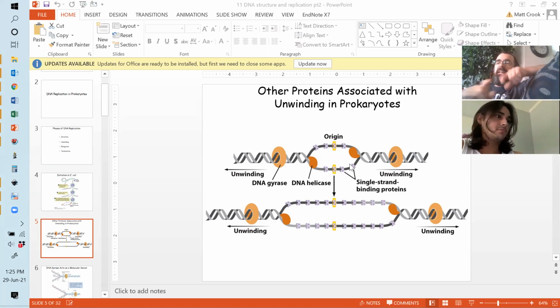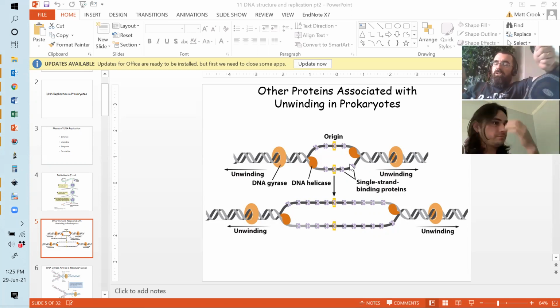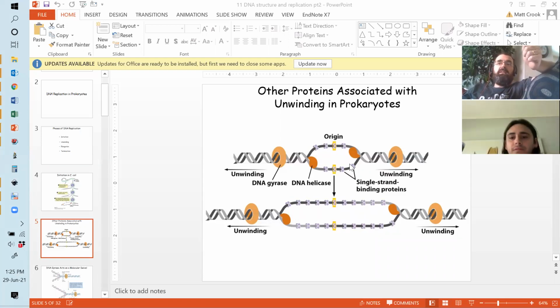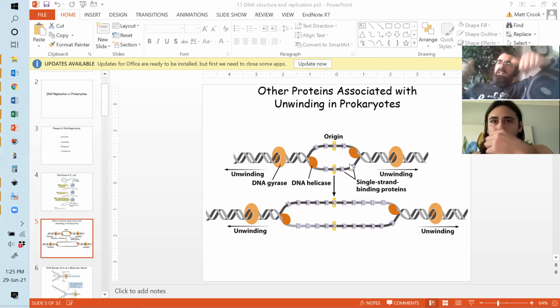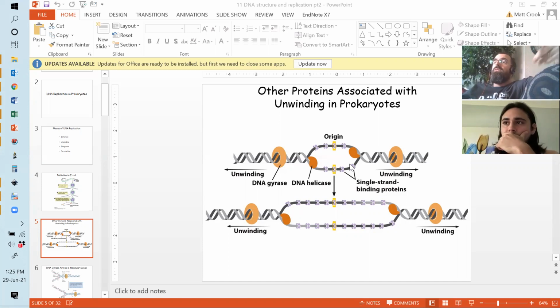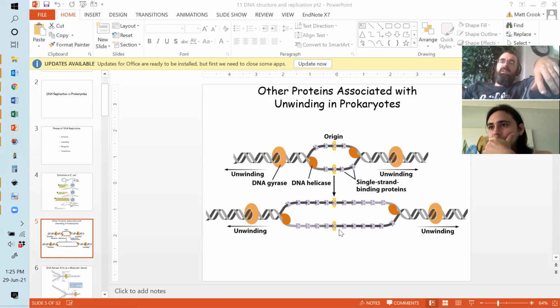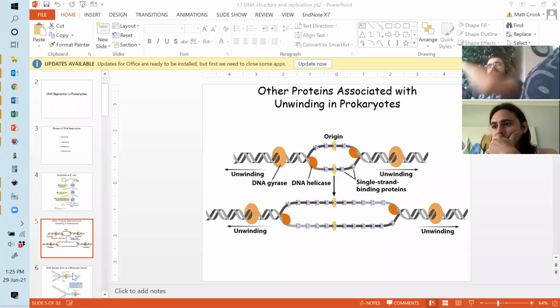And so as the helicase forces that DNA apart into single-stranded DNA to allow the DNA replication machinery access, the DNA outside of the replication bubble is going to get wound more and more until it just can't be separated. Both prokaryotes and eukaryotes fix that with something called topoisomerases.